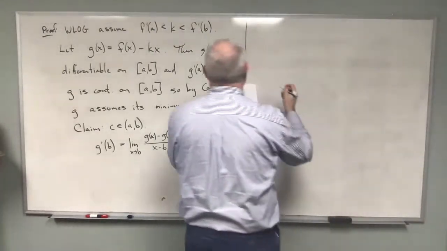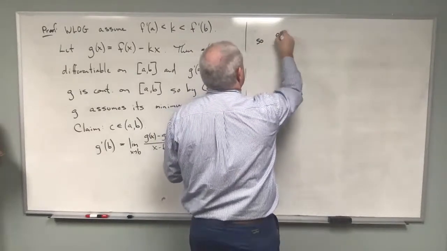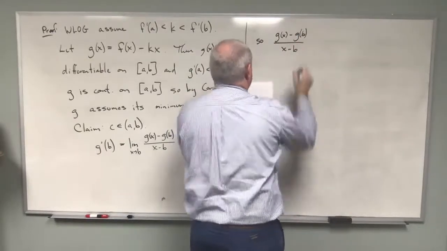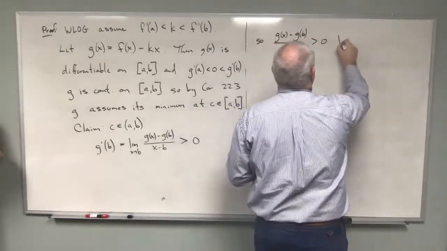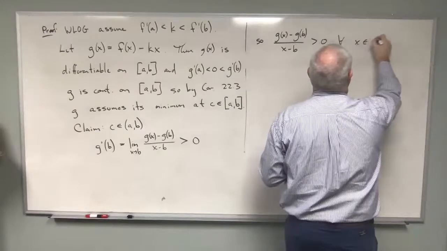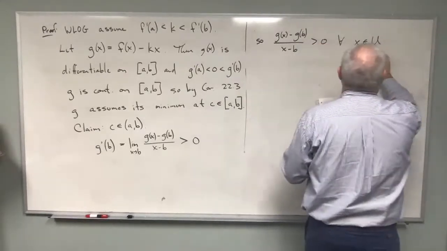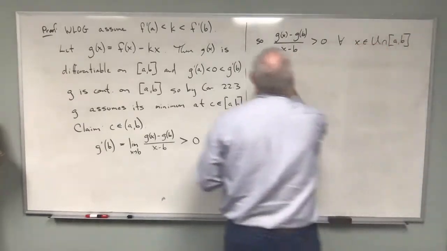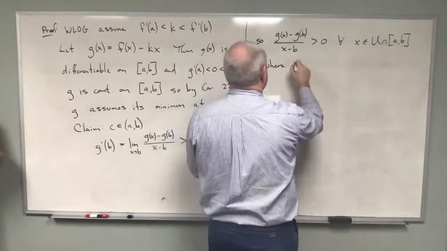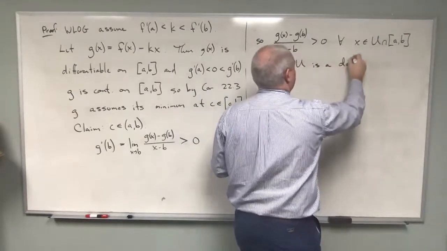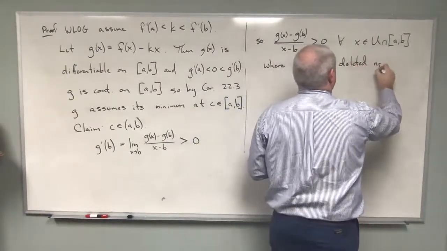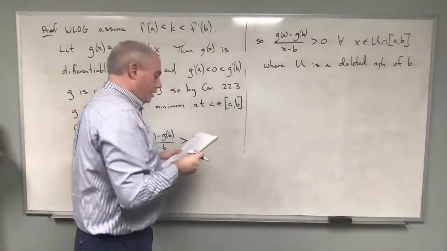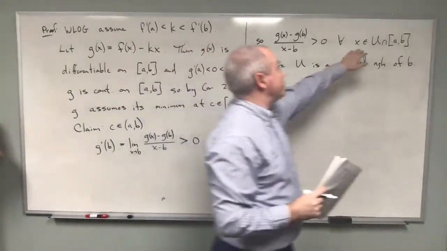So this is how we'd like to say this. That means that G of x minus G of B over x minus B is greater than 0 for all x inside of some open interval U intersect with [A, B], where U is a deleted neighborhood of B. Now, we're only concerned inside of [A, B] as well.